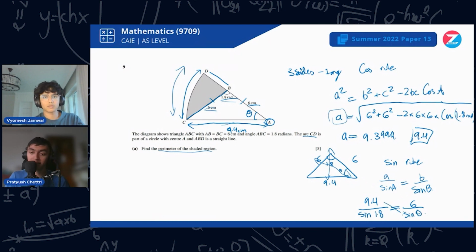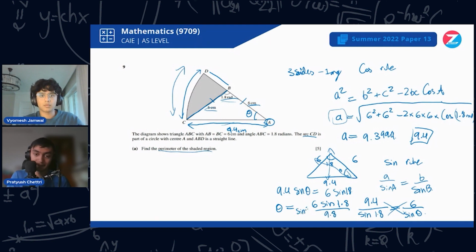Let's cross multiply: 9.4 sine theta equals 6 sine 1.8. And you get, I'm just going to skip a step, theta equals sine inverse of 6 sine 1.8 over 9.4. See how I got that?